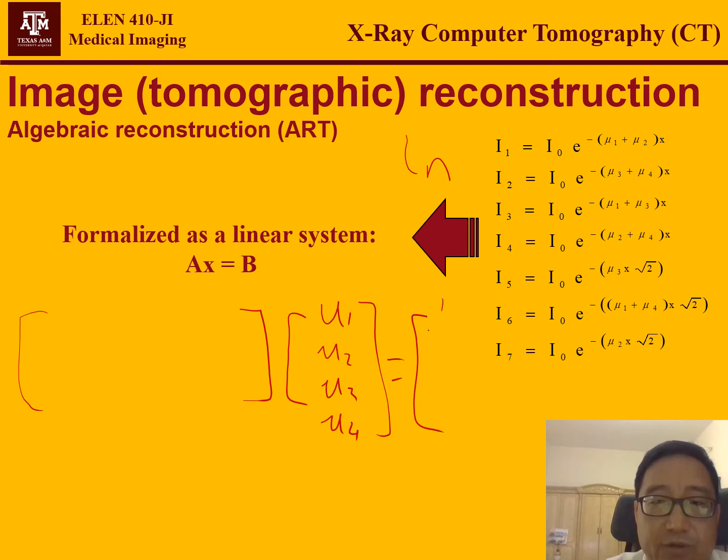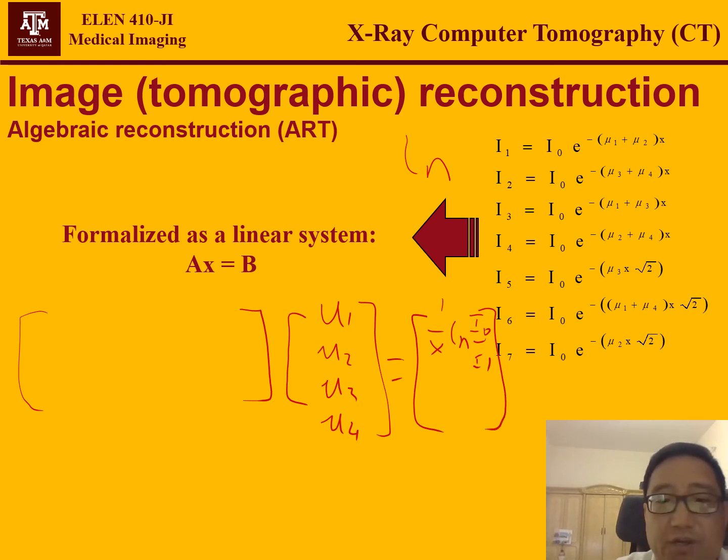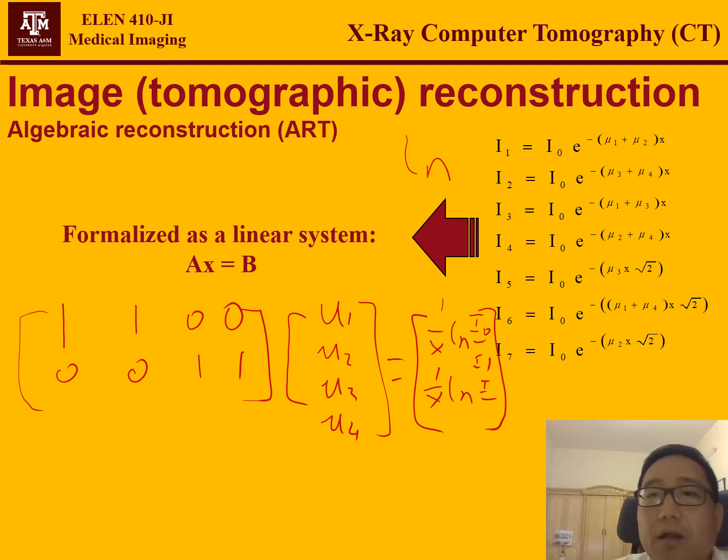So for that first equation, remember, we have log I naught over I1, and the row for this is 1, 1, 0, 0. So mu1 plus mu2 equals 1 over x log I naught over I1. For the second equation, you get mu3 plus mu4 equals 1 over x log I naught over I2.